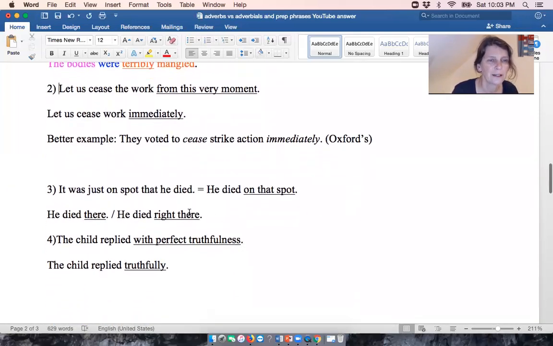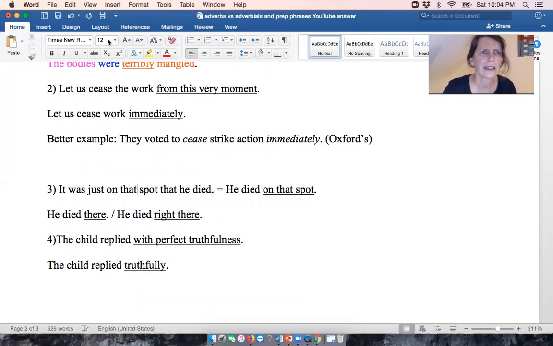Anyway, so the third sentence: It was just on that spot that he died. This is a cleft sentence, and we can't really easily replace on that spot in it. I just copied the sentences from the homework.